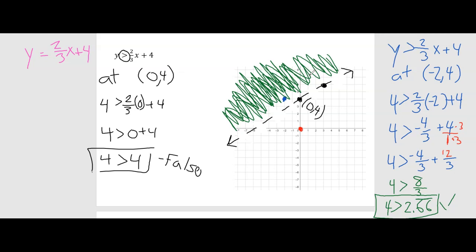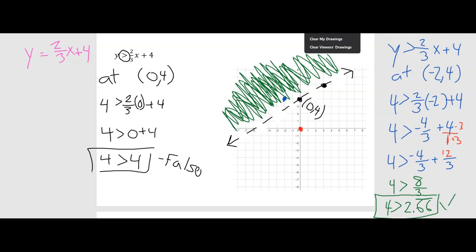So we still need a boundary line to separate the solutions from the non-solutions, but we're not going to count the points on the line because they don't work for the inequality. The points on the line will only work for the inequality when you have a greater than or equal to inequality, or less than or equal to inequality.